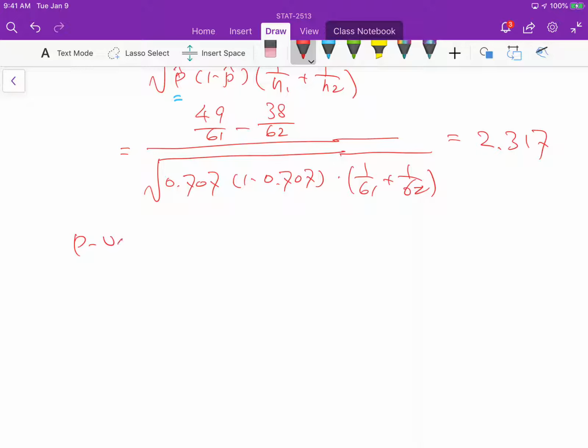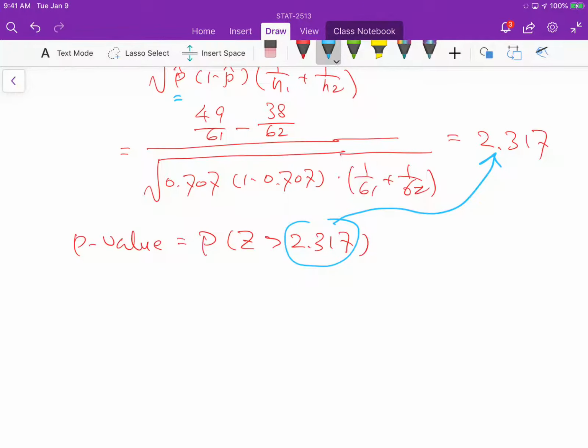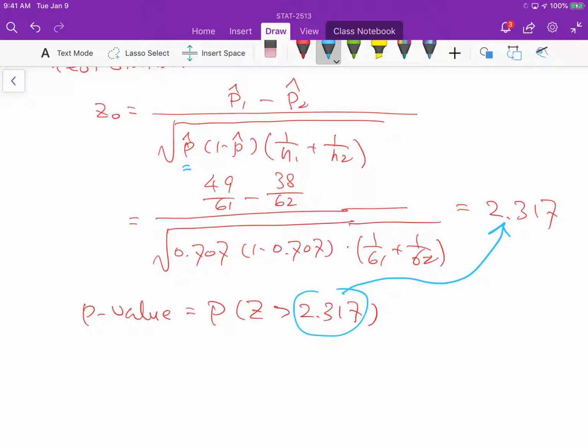And then to get the p-value. The p-value here will be the probability that Z is greater than or equal to 2.317. This number is the test statistic we calculated. We need greater than or equal to because the alternative hypothesis is P1 greater than P2, right? These two signs should have the same direction, okay?